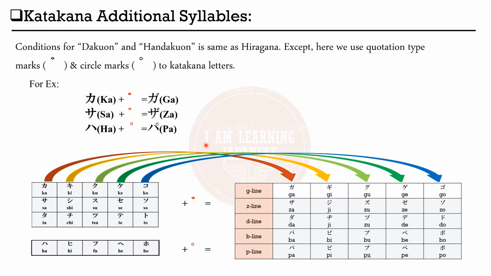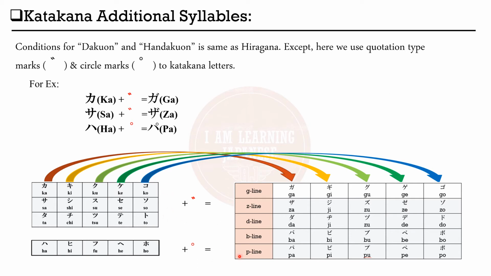In the same way, for short pitch sounds, here you can see ha plus a small circle marking, and then it has to be pronounced as pa instead of ha. If there is no circle, it has to be pronounced as ha. So this is dakuon and handakuon.